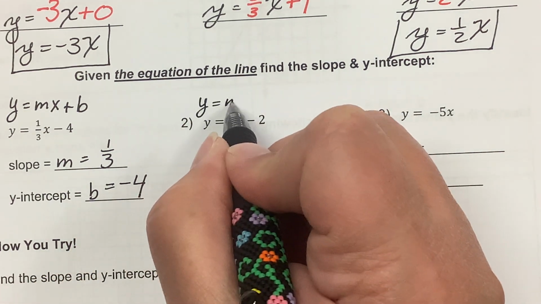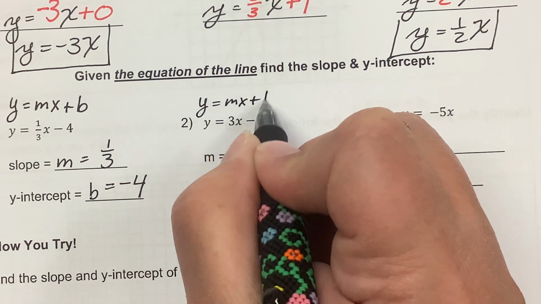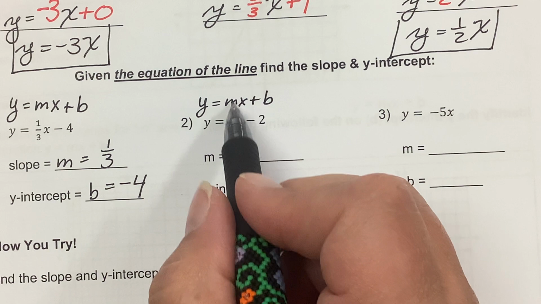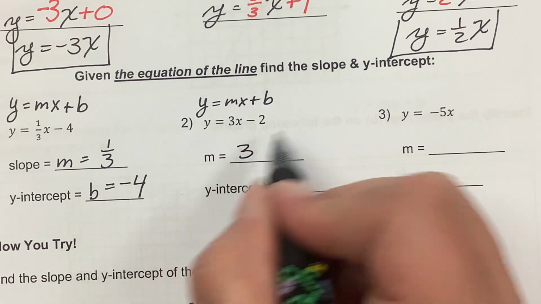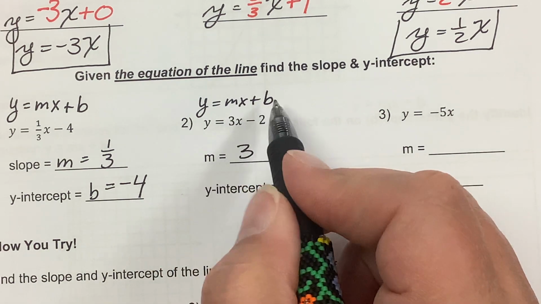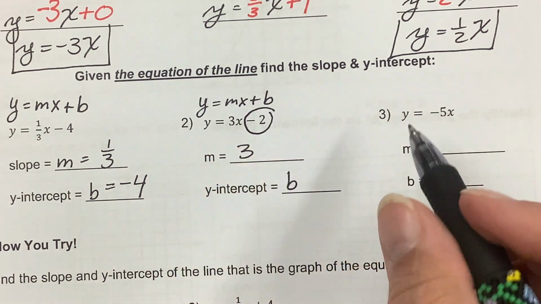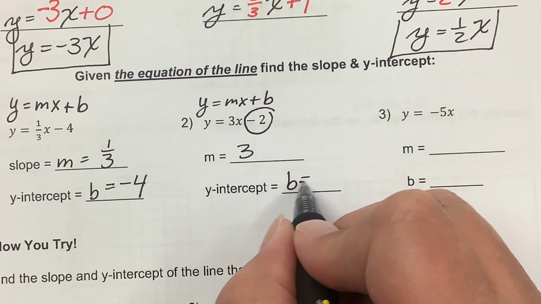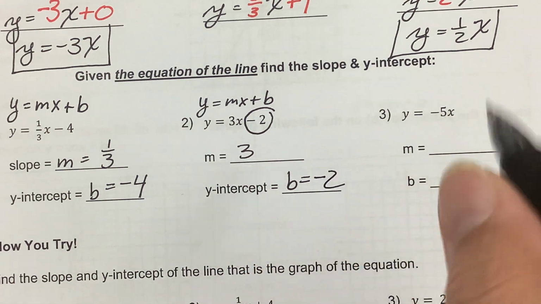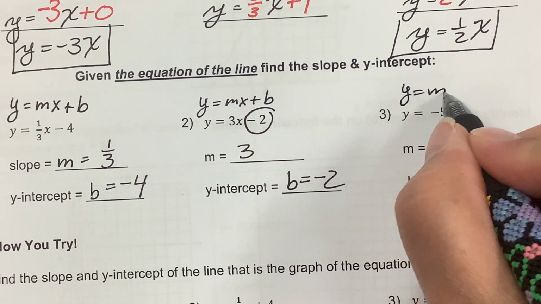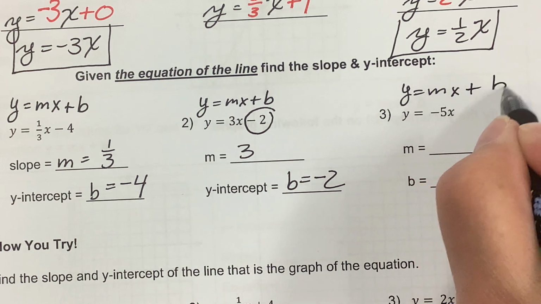Y equals mx plus b. M, well, if they gave me m is 3. B is the y-intercept. B, and I have to take the sign in front of it. B is -2. Y equals mx plus b.